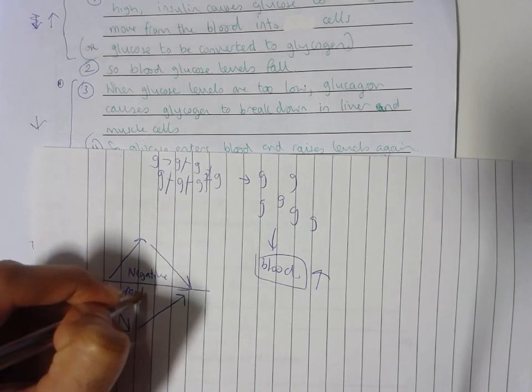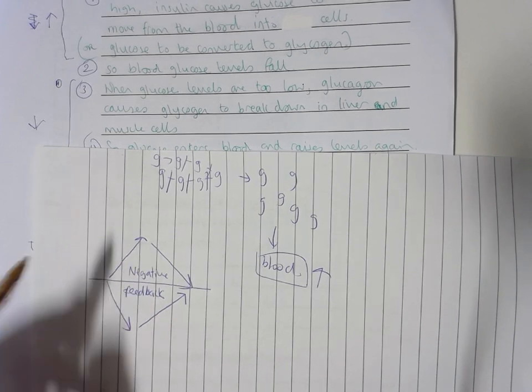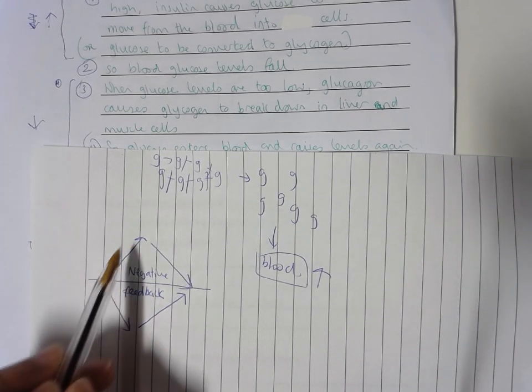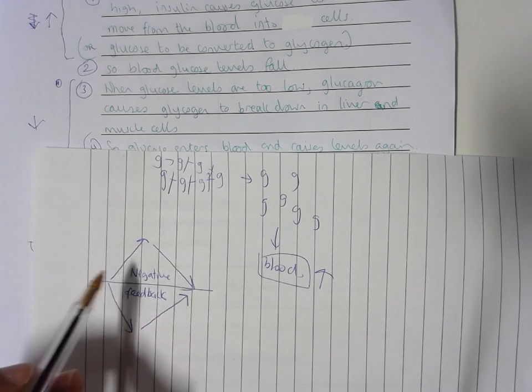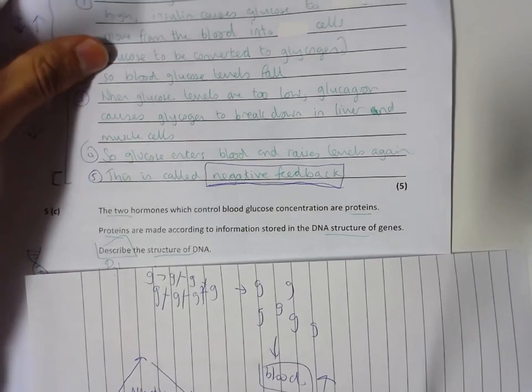So make sure you talk about negative feedback and use that phrase if you're ever asked a question about when the body responds to something in the body becoming too high or low by decreasing or increasing its levels. We call that negative feedback. So that's the 5th mark. Add that in if you did not get that.